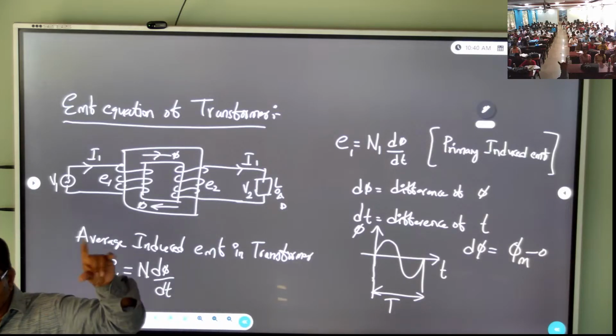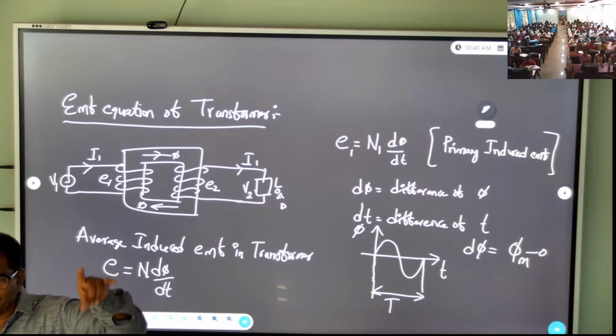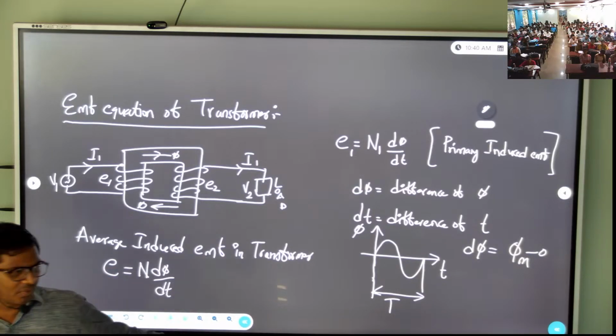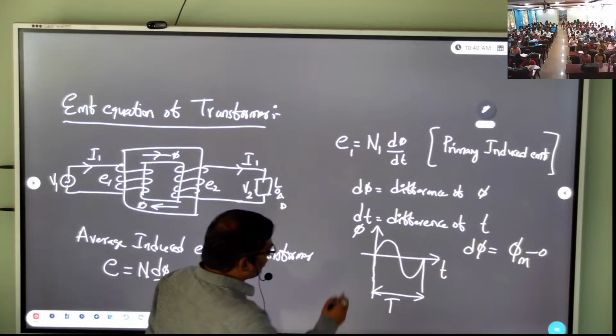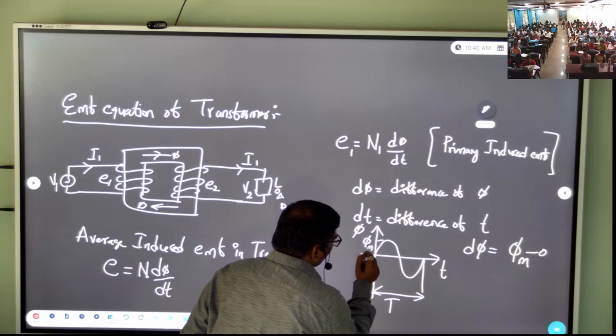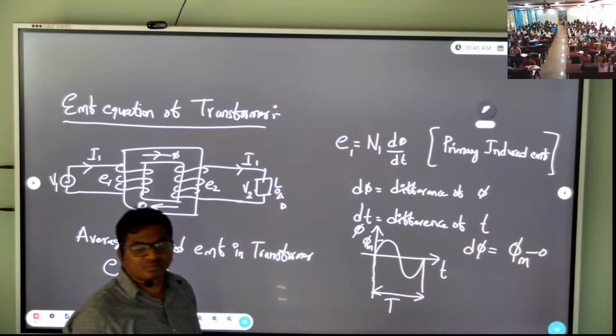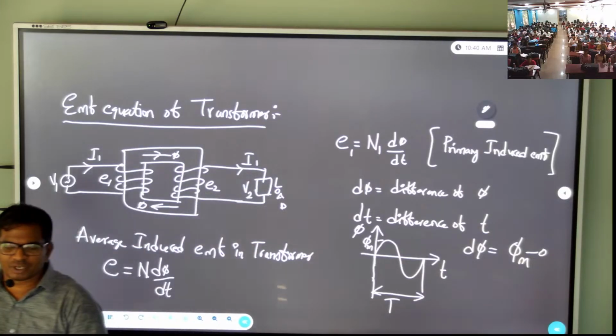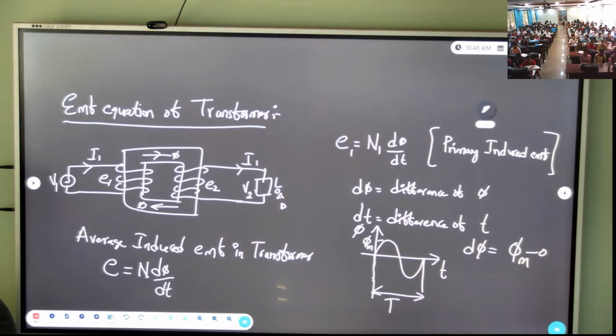What is the maximum value? We are getting this maximum value here at what time? It is mentioned there.